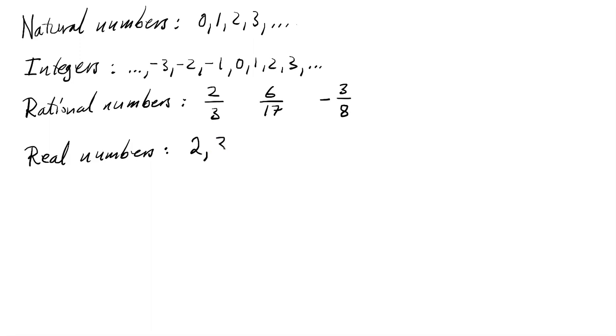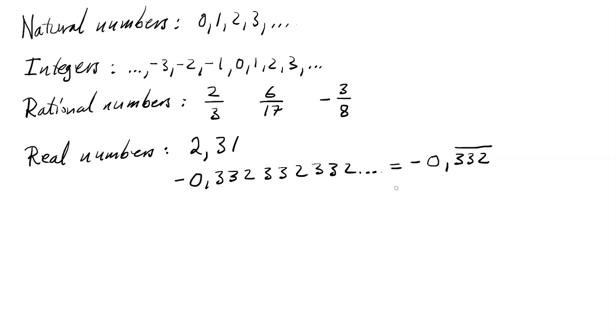So for example 2.31, that's a decimal number. Or we can write minus 0.332. So we can have an infinite sequence. Then we can write it more simply like this. Put a bar here, meaning that this will repeat itself.